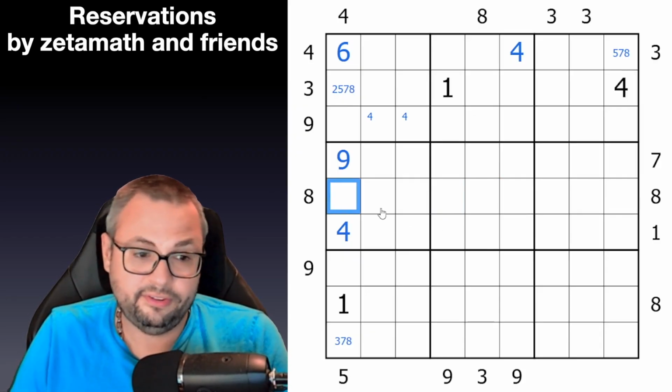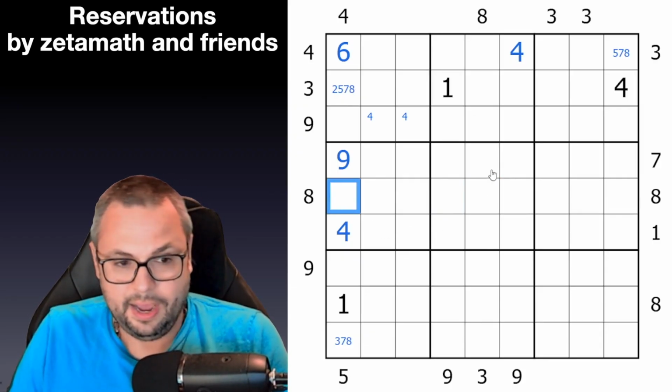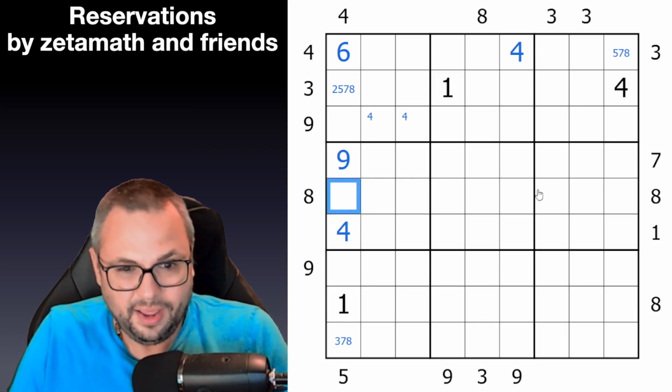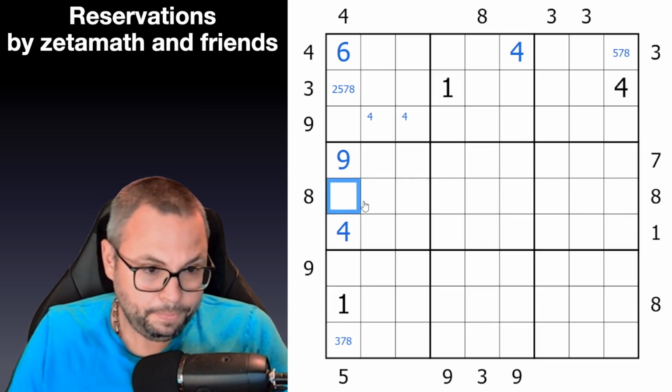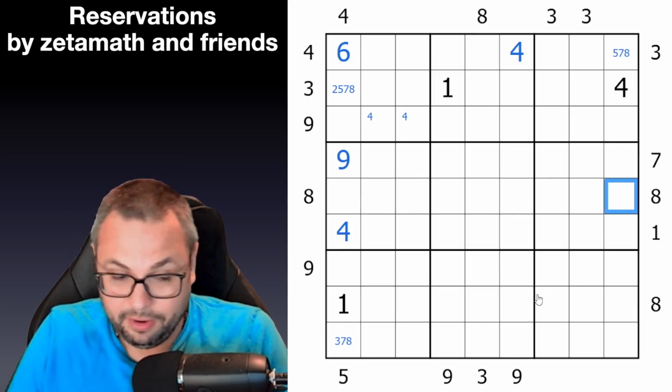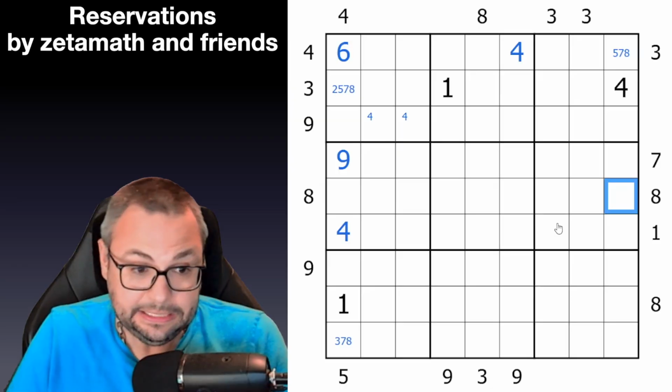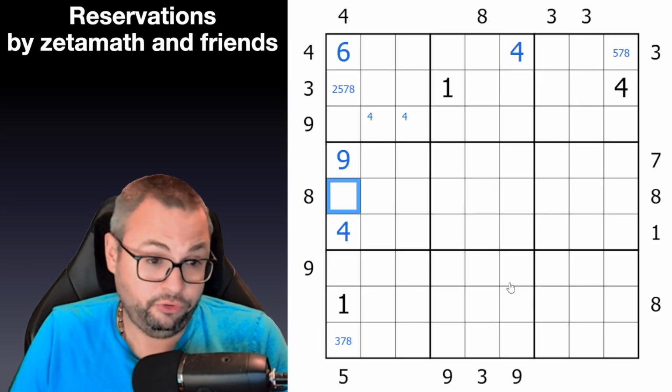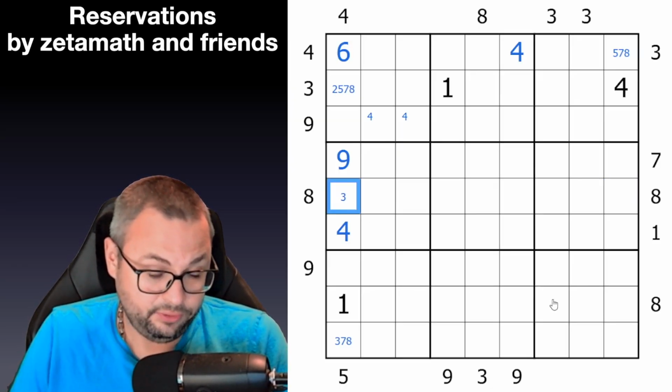Okay. So in other words, this can't be a 2, because if it's a 2, then I end up making that an 8, and then you have the problem of putting an 8 in a line with an 8. Okay, so this is not 1 or 2. I think it can be 3 as far as I can tell.